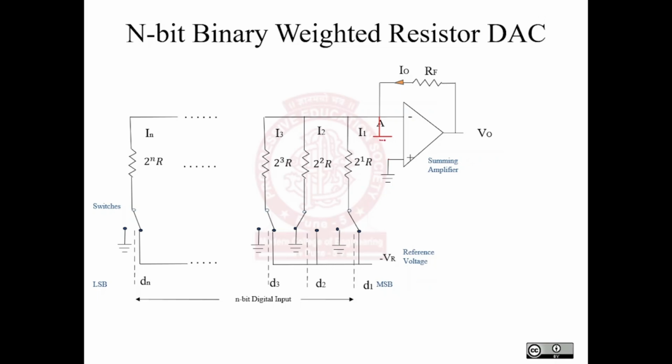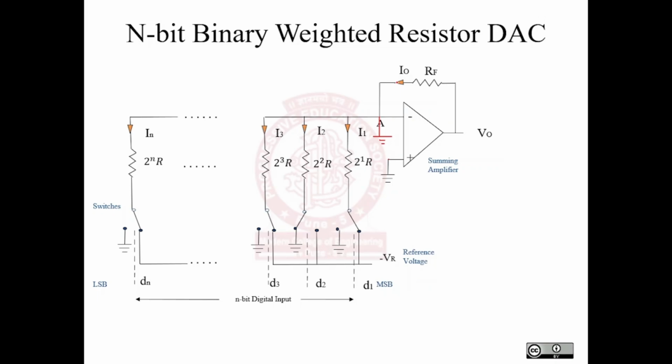That means here also the voltage is 0. Now here we have IO, which is divided into the currents I1, I2, I3, so on up to In.